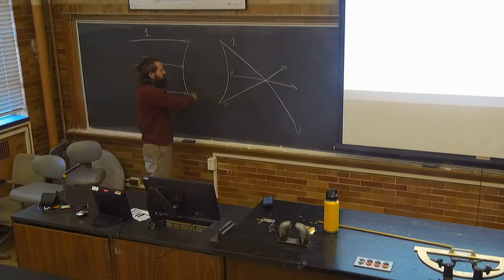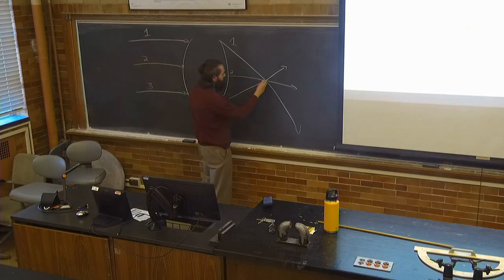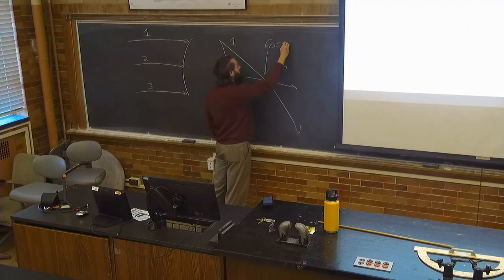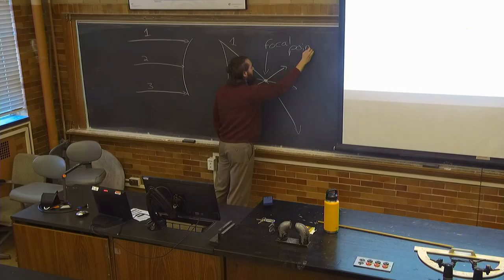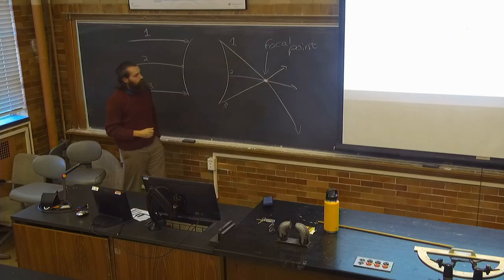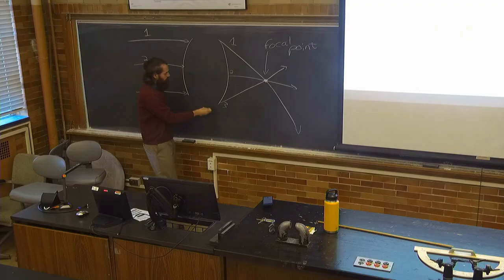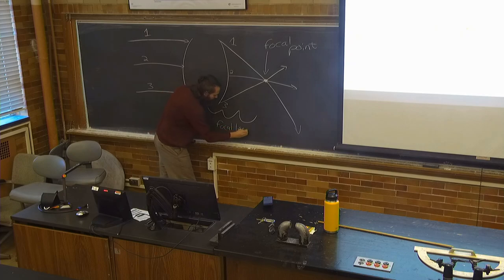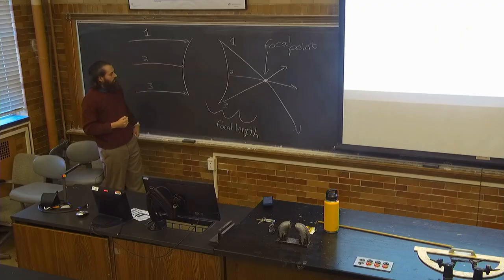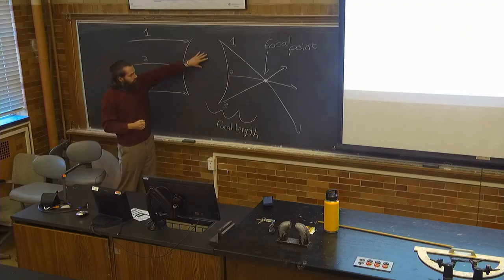Where all of these light rays intersect is called the focal point. And the distance from the lens to the focal point is called the focal length. Different curvatures of lenses will have different focal lengths.